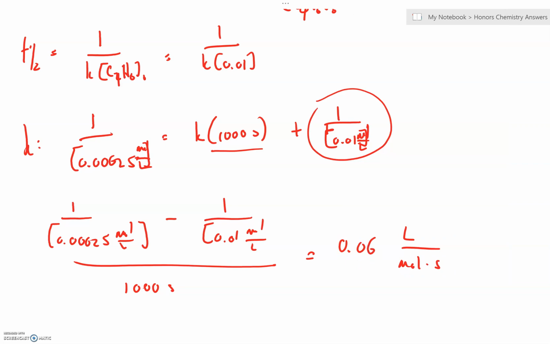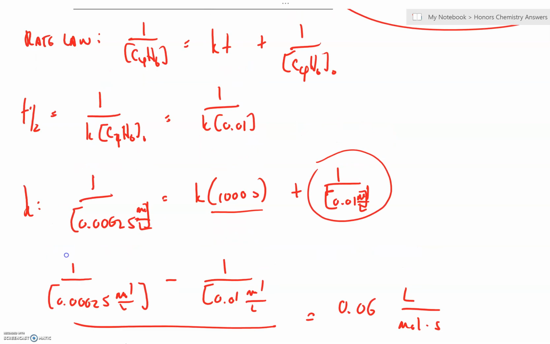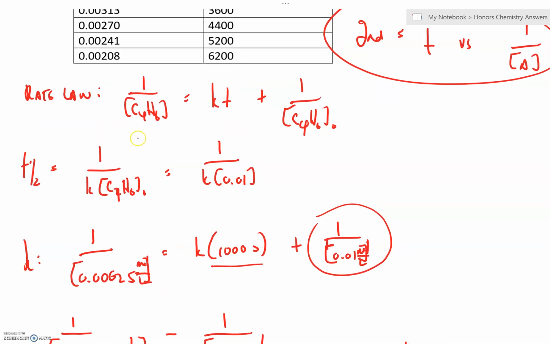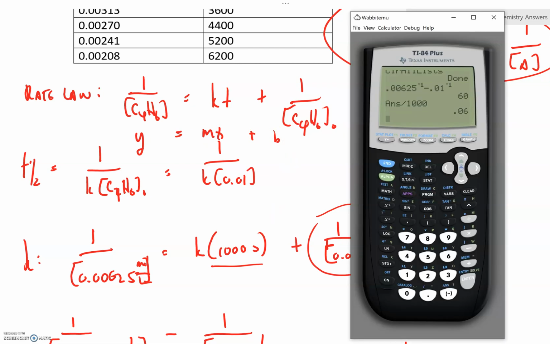And if you didn't want to do it that way, you could simply linear regress, because this formula is still the formula of a straight line. So all we have to do is go to our calculator.